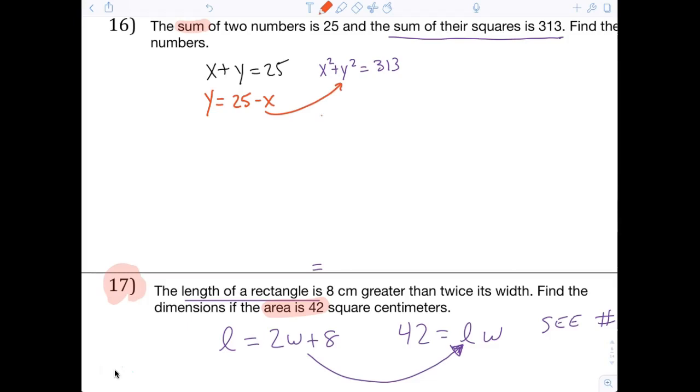So here we go. I have x squared plus (25 minus x) squared equals 313. x squared plus 625 minus 50x plus x squared equals 313.